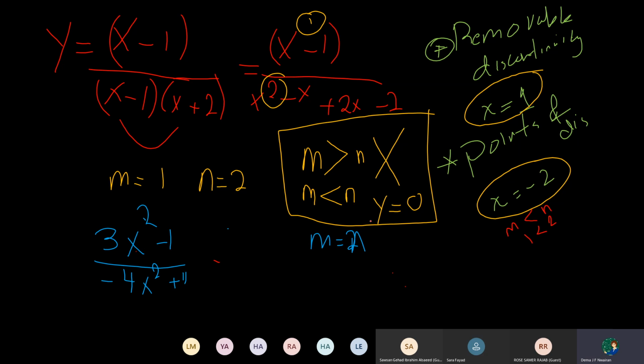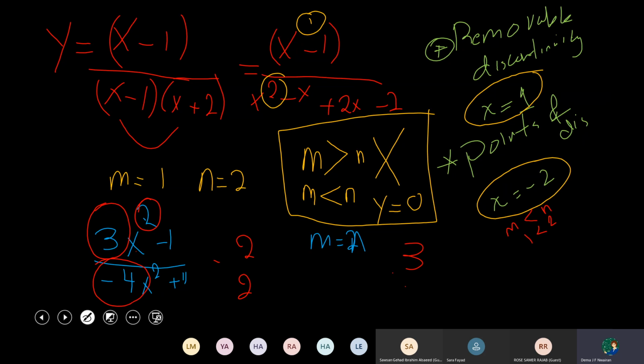It is 2. And the power of the denominator? It's also 2. Now, since the power of the numerator equals the power of the denominator, I have to take the coefficients of the numerator, which is 3, over the coefficients of the denominator, which is negative 4.